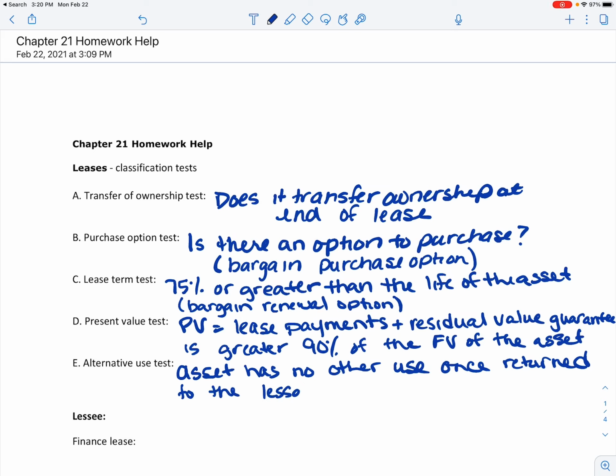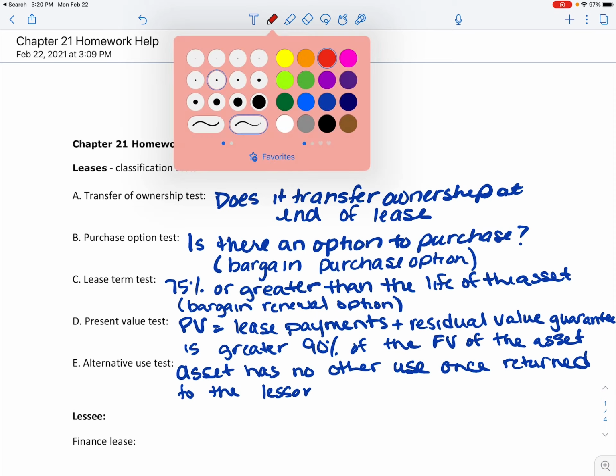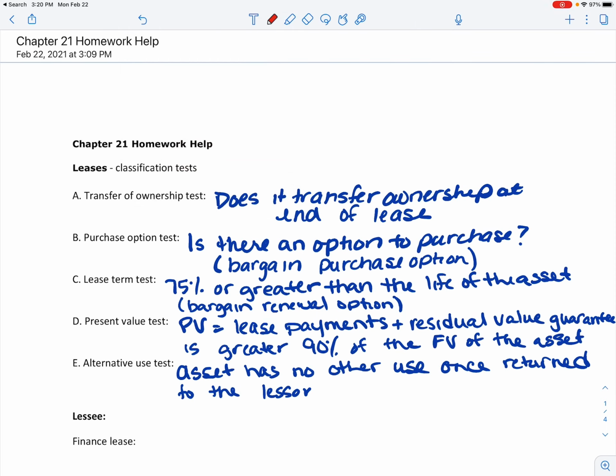I think we should make sure we understand the difference between lessor and lessee. So let's make a quick note up here, because sometimes when we're reading all of this information, these words look so similar in accounting text, we want to make sure we distinguish the difference.